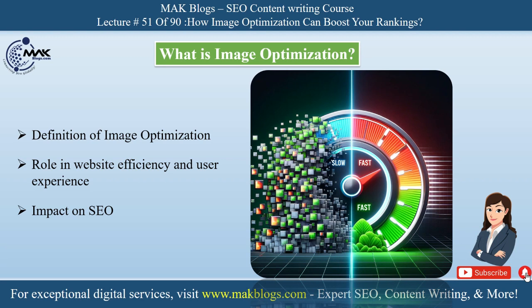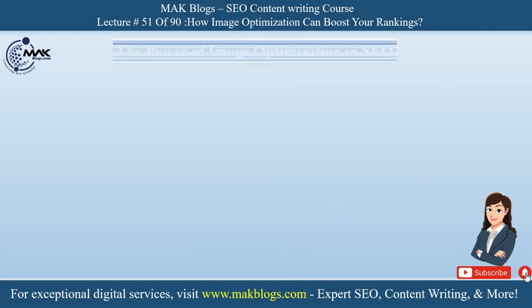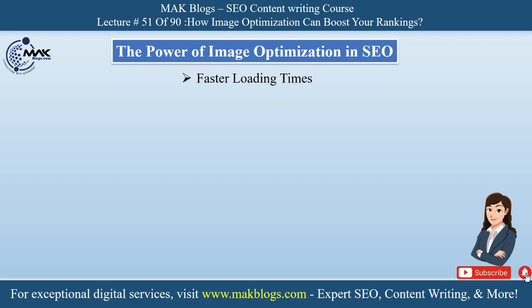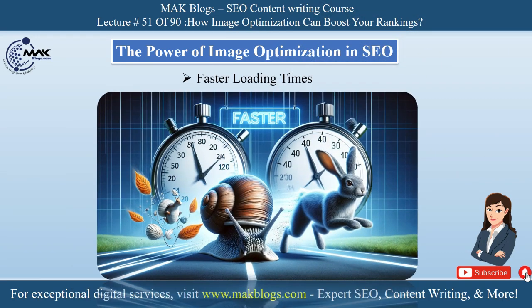It plays a crucial role in SEO by contributing to faster loading times, improved user engagement, and overall website performance. In our next lecture, we will do it practically. So, stay tuned. Let's start by exploring the crucial role that image optimization plays in enhancing your search engine rankings.